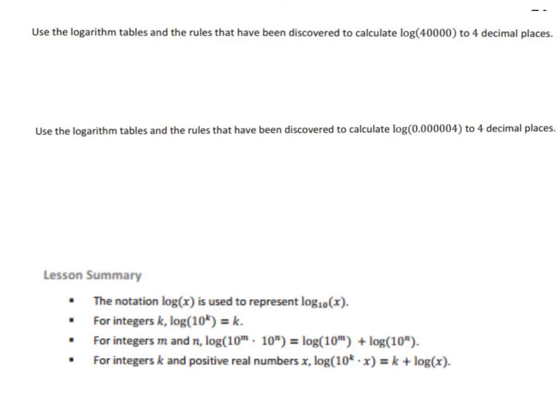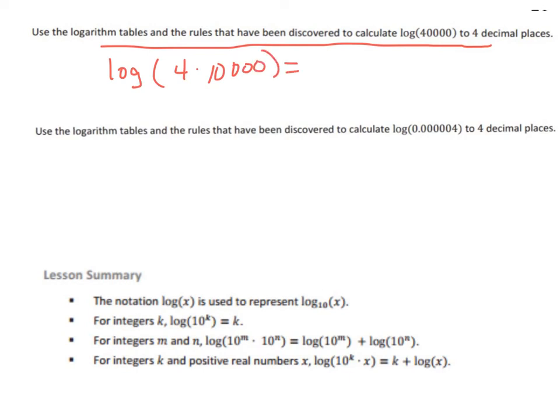So now we're going to take this to tables and let's apply some of the rules here to get the log of 40,000 all the way out to 4 decimal spots. So log of 40,000, I think you know we can break up into 4 times 10,000. So that's going to be equal to the log of 10,000 plus the log of 4.